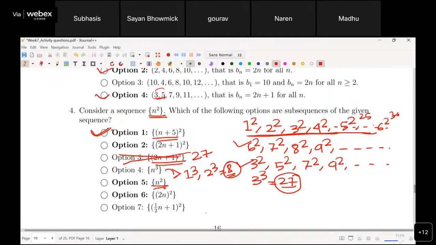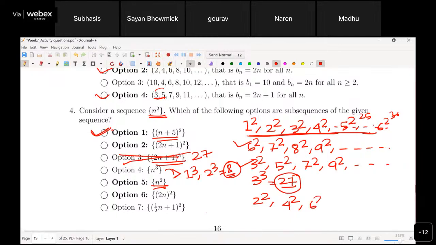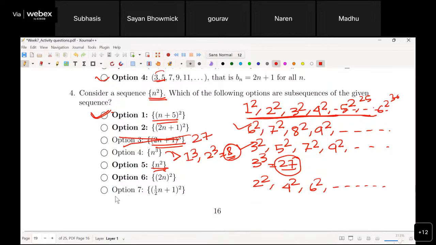And what about option 6? 2n square. This is correct, right? Because 2 into 1 square gives 4, which is 2 square, and then 4 into 2 square, and so on, so it stays in the sequence.